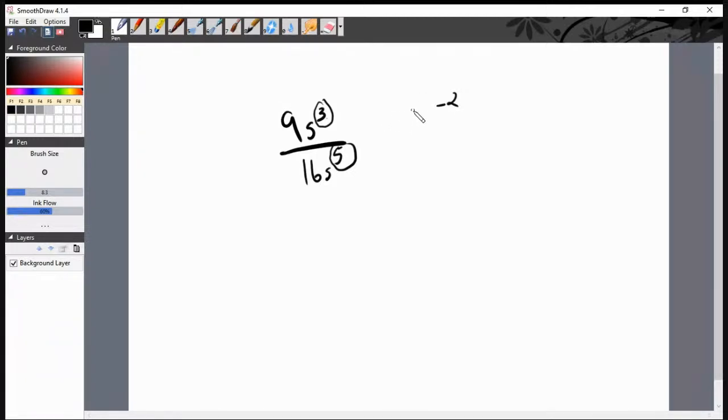The only way to really simplify this, because you don't know what s is, is that essentially it's going to be 9s to the negative 2nd power over 16.